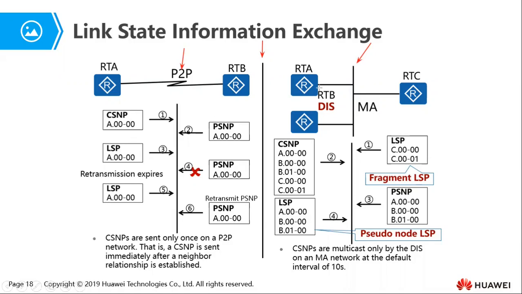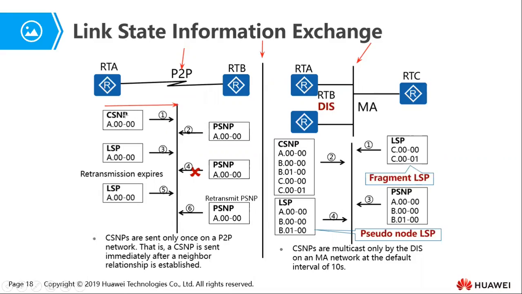So after establishing neighbor relationship and the status of the routers RTA and RTB are up, RTA, for example, is going to send a CSNP, a complete sequence number PDU.